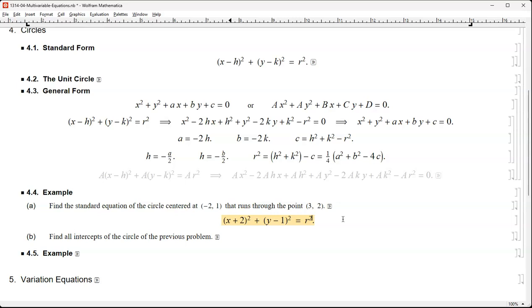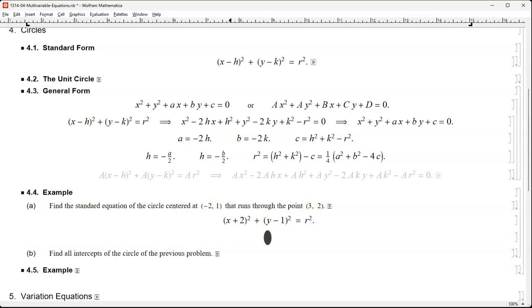Well, the distance between the center and this point is going to be the radius, isn't it? So r squared is coming from the distance formula: (-2 minus 3) squared, and the difference of the y coordinates, (1 minus 2) squared.